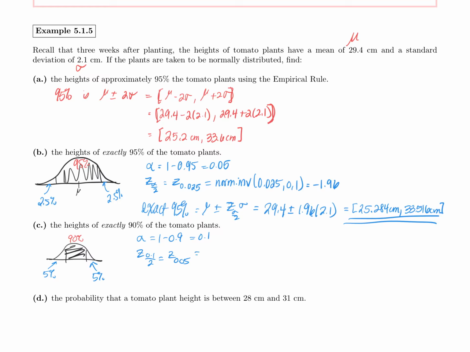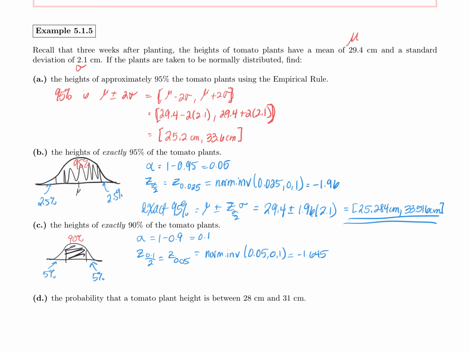Which is going to be our inverse norm, our norm inverse. So it's different on the TI versus the Excel. So if I do it the wrong direction, sorry. If we're looking for our norm inverse of 0.05 with our 0, 1, we end up with a negative 1.645.